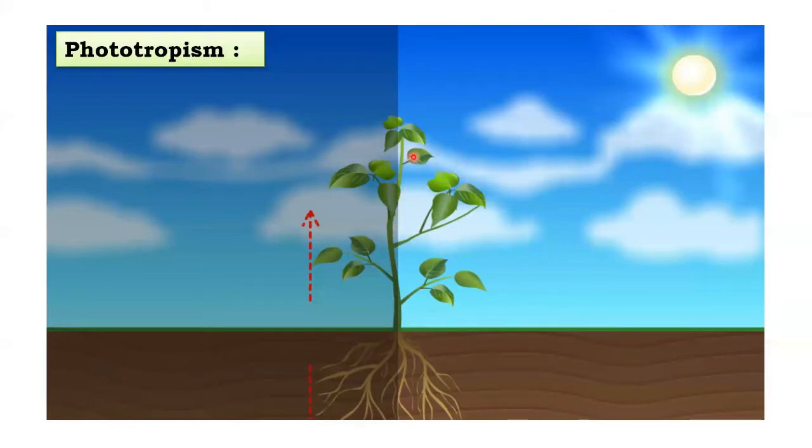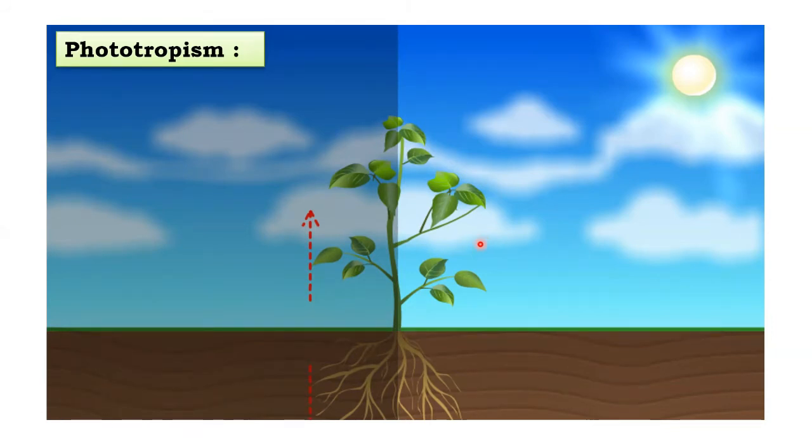And therefore, rather than moving towards the left side, the plant will be bending towards the right side so that it can absorb as much sunlight energy as possible. Fine. So this is a kind of movement, right? Bending towards the right side is also a kind of movement, but this movement was in response to the presence of light. Therefore, this will be called phototropism.